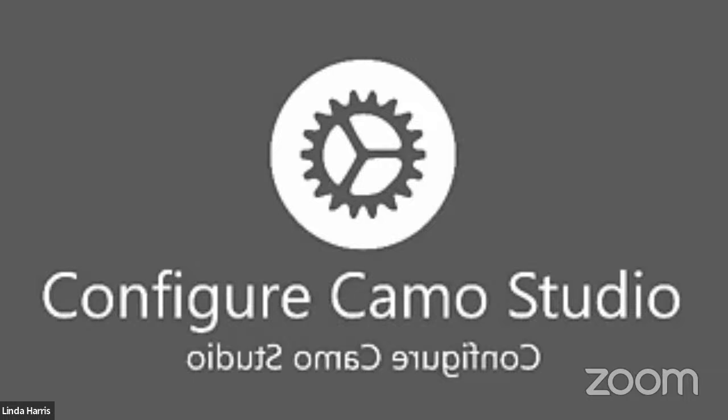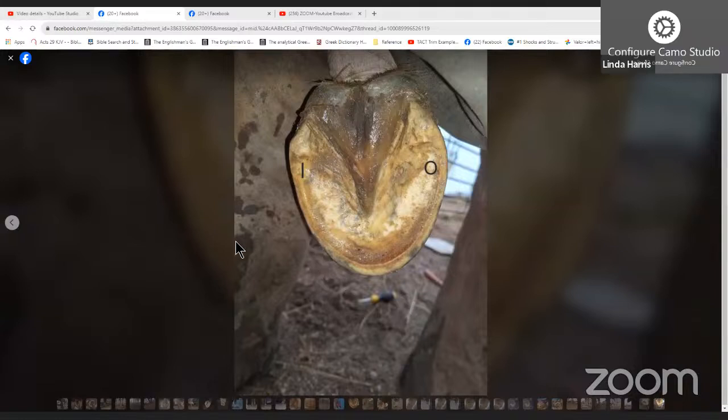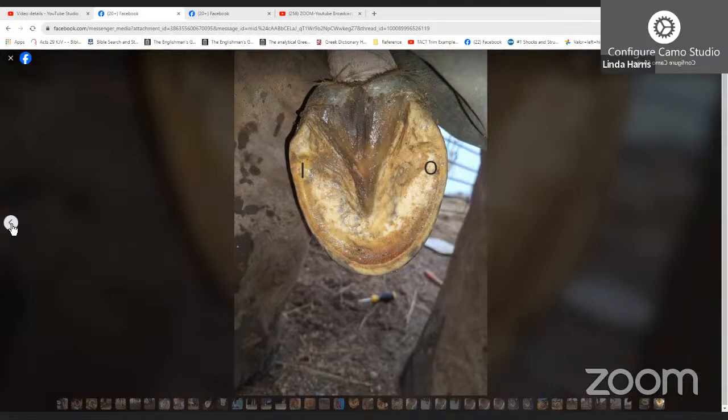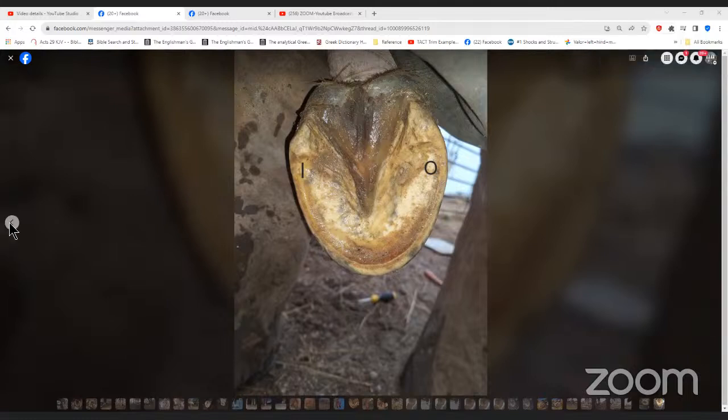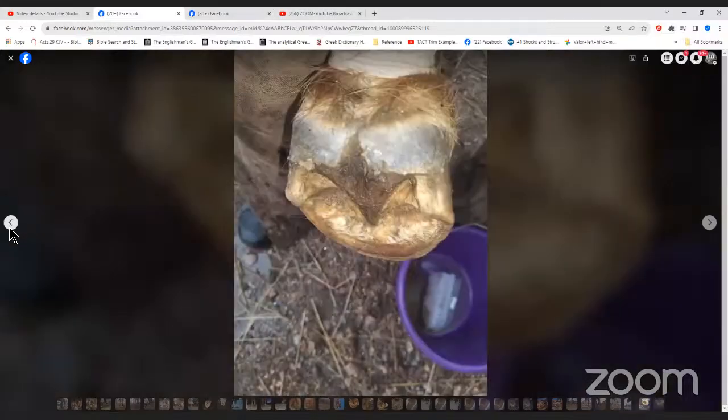All 7 pictures of his hooves, but the most current one of the sole is today. This one we're looking at now is February 3. Is that a front or a hind? That's the hind. Okay, so we're all looking at the right hind here.